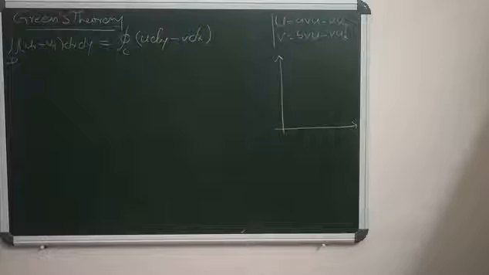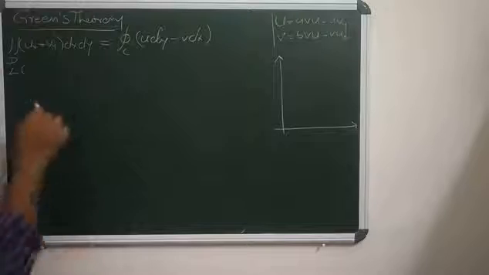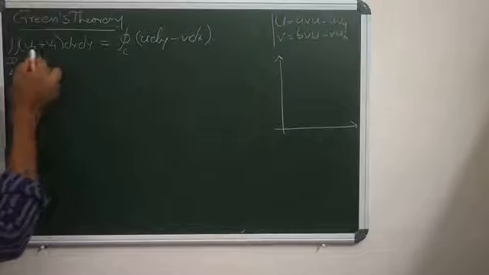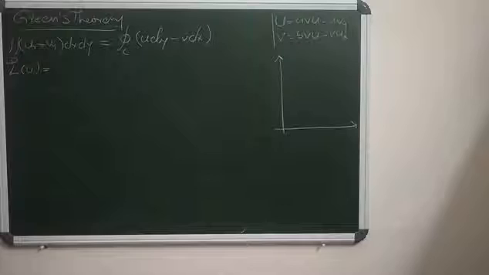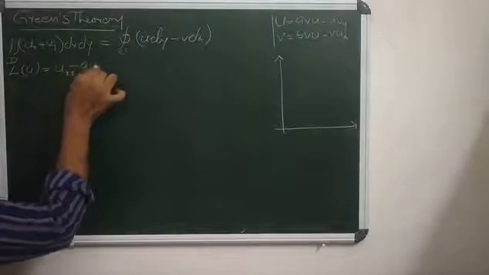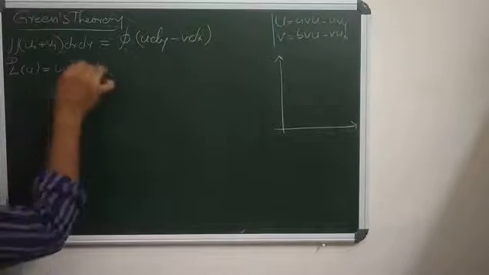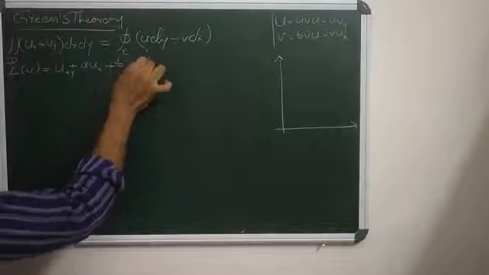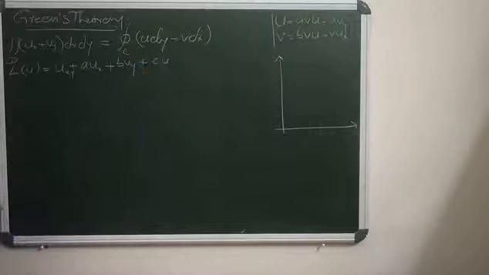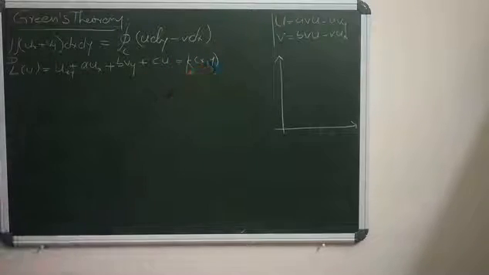Now consider the Cauchy problem for a second order linear hyperbolic equation. We know that it is L of u equals uxy plus aux plus buy plus cu, where a, b, c are differentiable functions of x and y.